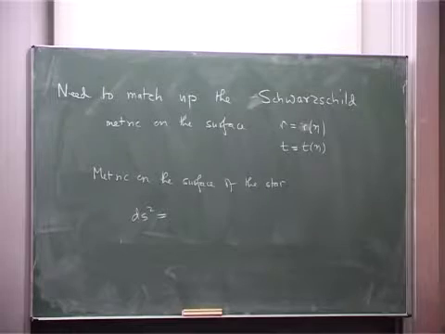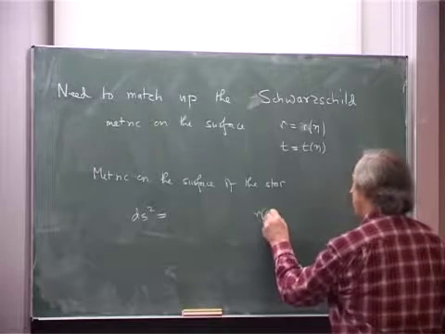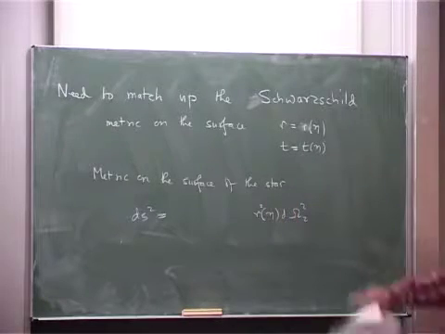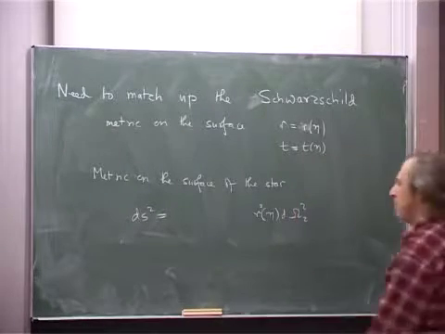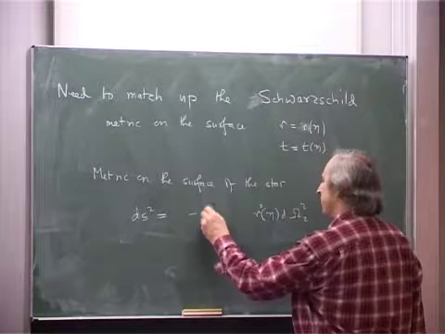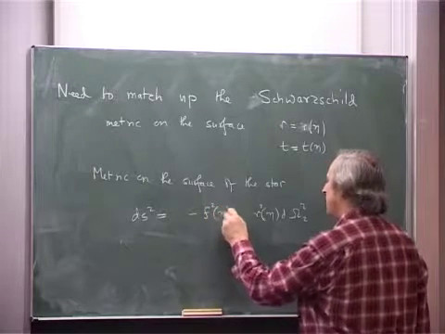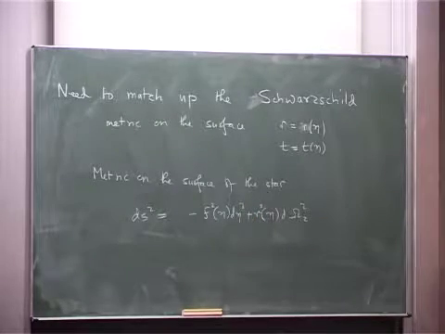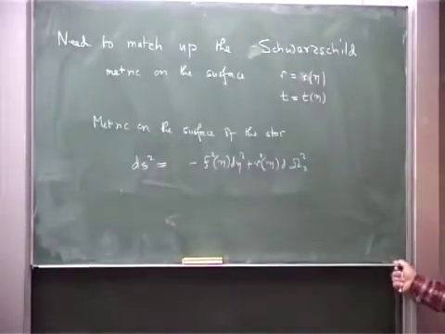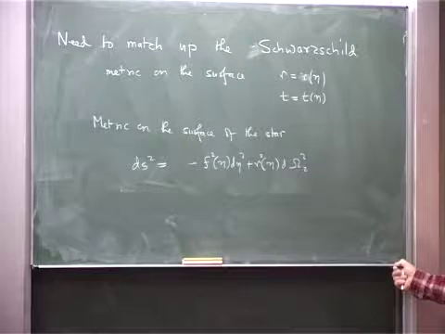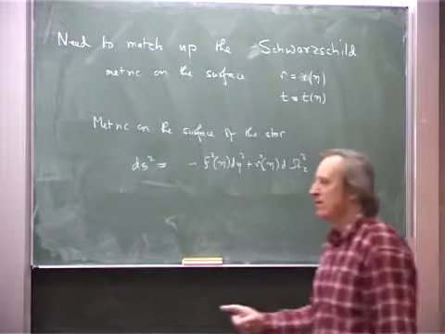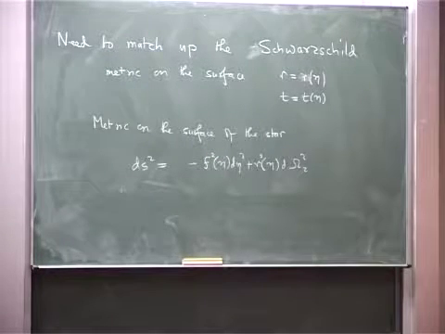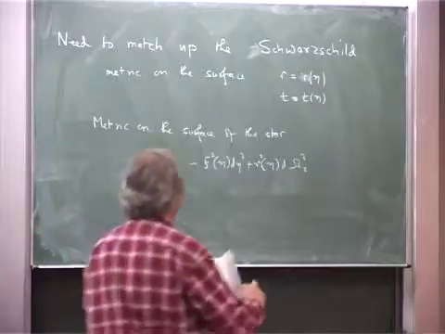Well, the easiest way to do this is to call this R of eta times d omega squared, because you just had an R squared in front of that, minus some function squared of d eta squared. And to find that metric, what you're going to have to do is to differentiate t and r as functions of eta and substitute it into here. I do not wish to do that calculation.